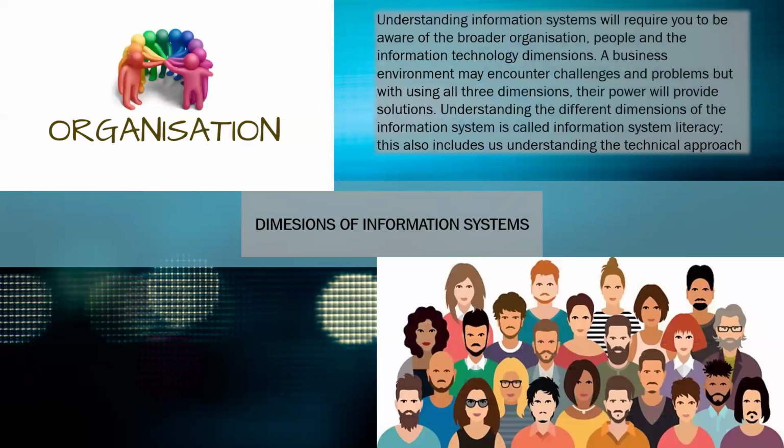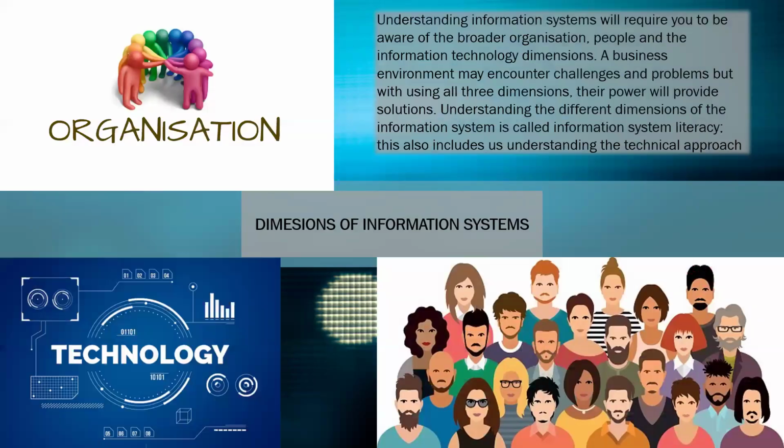Information systems require an organization. You cannot have a software without people, an organization that's going to use it, right? Then the information systems will require people. You can't have information without someone using it, right? Then an information system will require technology.